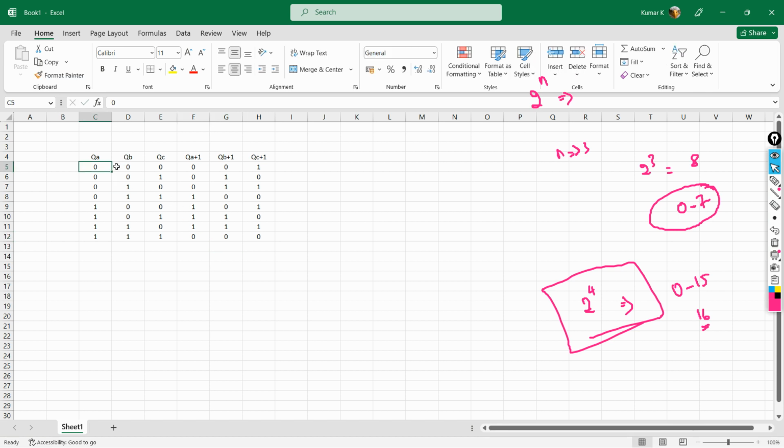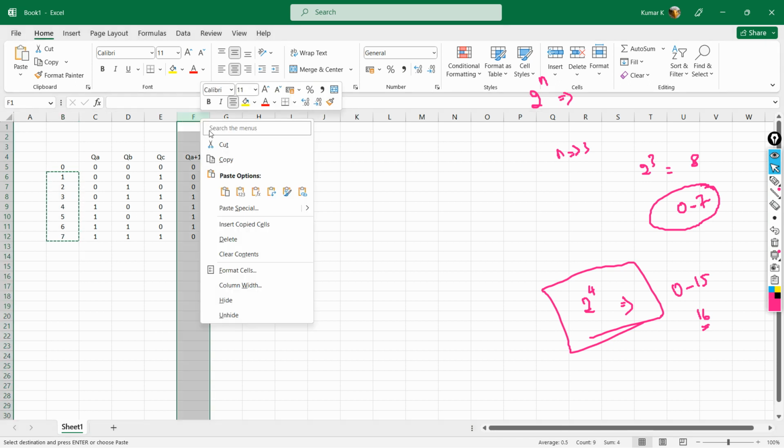From 000, it has to go to the next state, which is going to be 1. Then 0, 1, 2. So it is going to be a 0 to 7 state counter.